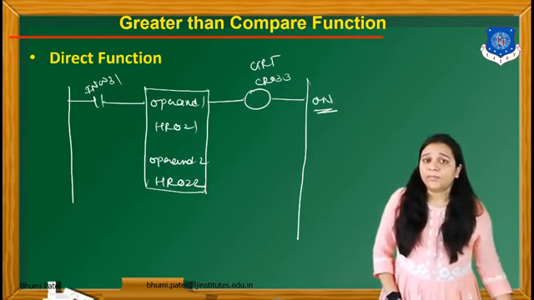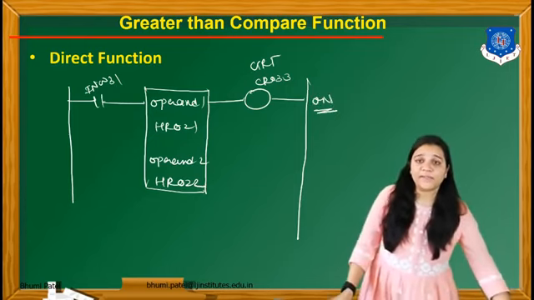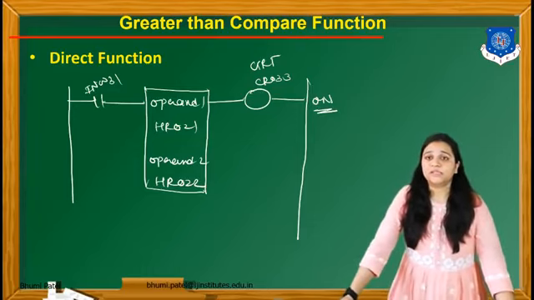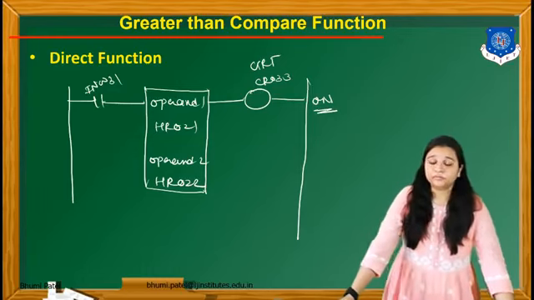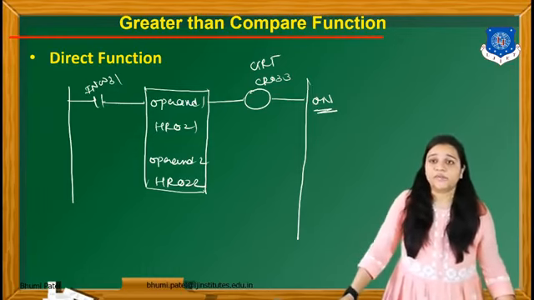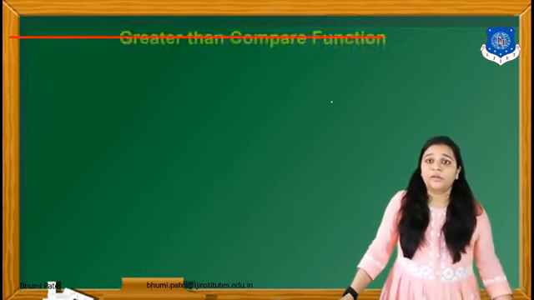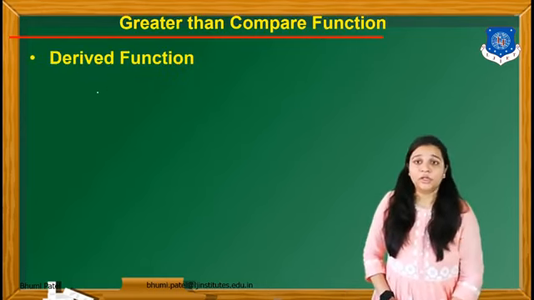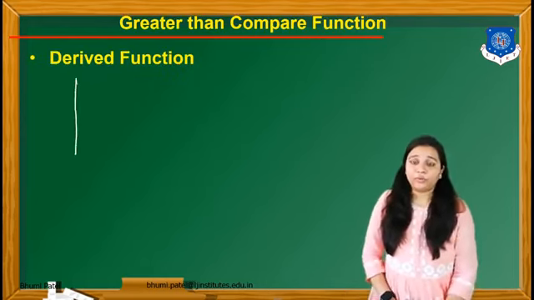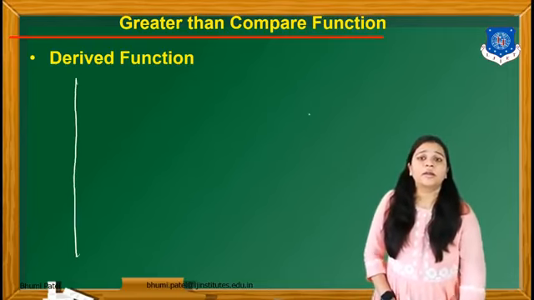Now greater than is another comparison function for PLC programming. So we have to derive the greater than compare function using the basic functions. So what is the derived function of the greater than compare function? For that we have to draw some logic.